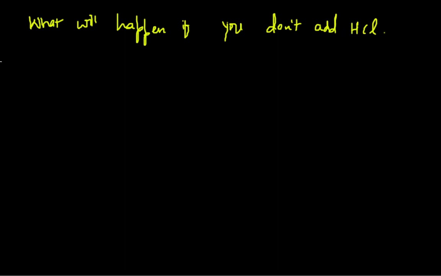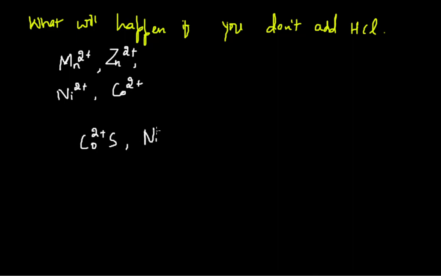See, there are further group cations like Mn2 plus, which do not belong to second group, zinc 2 plus, nickel 2 plus, cobalt 2 plus, now whose solubility products are, for example, for cobalt sulfide, nickel sulfide, manganese sulfide.